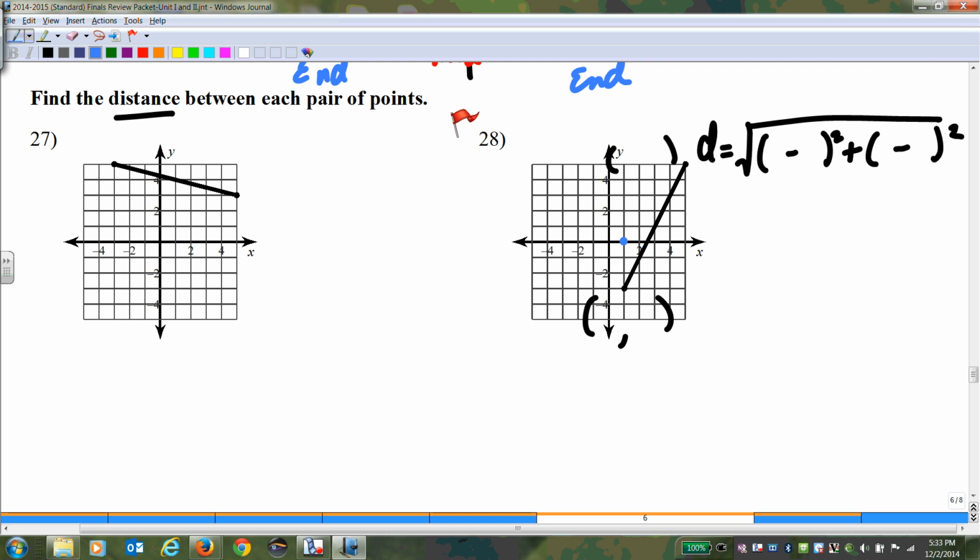So this coordinate is +1, -3, and this coordinate here is +5, +5. Now, you put this here. There's your template.